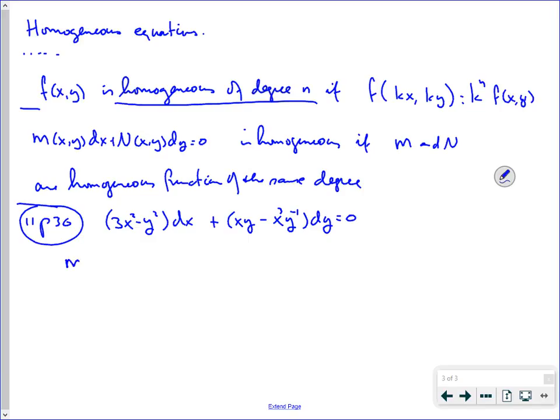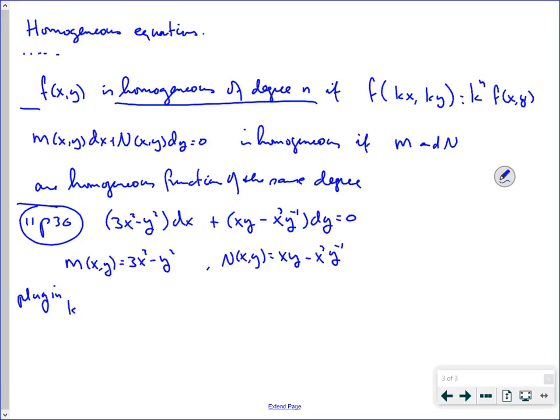So the function M, a function of x and y, is 3x squared minus y squared. And the function N, a function of x and y, is xy minus x cubed y to the minus 1.